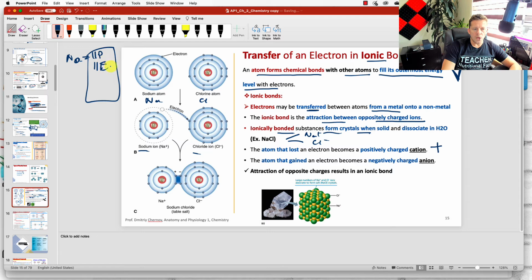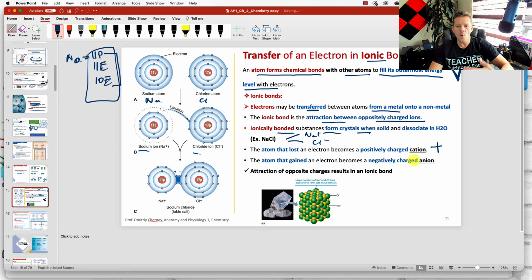So when there is the loss of an electron, now it's 10 electrons, so it's 1 extra proton, less electron. When there is 1 extra proton, this becomes more positive. So that's why if an atom loses an electron, it becomes more positive. That's why we put plus sign next to sodium.